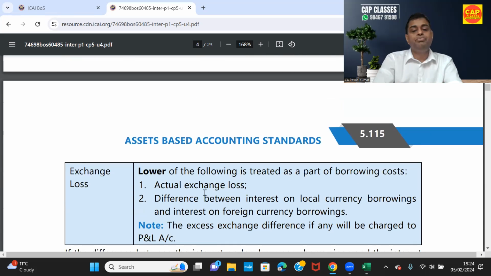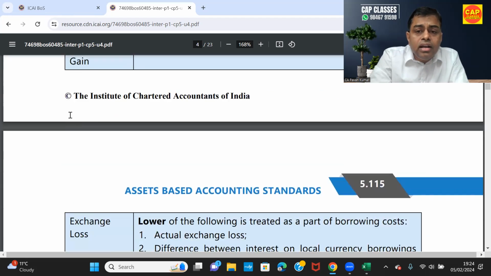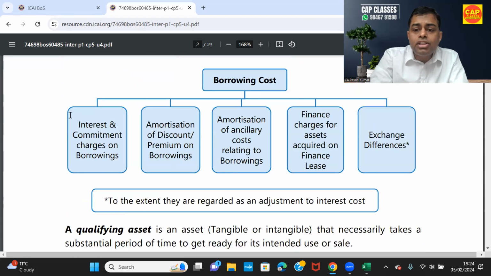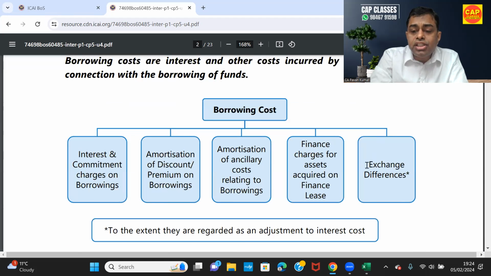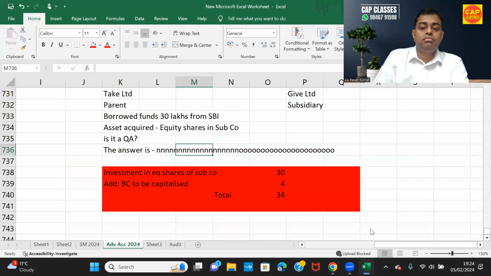Okay, this is different. In the borrowing cost definition, they said exchange differences to the extent they are regarded as an adjustment to interest cost are borrowing cost. Now, we'll write in notes.